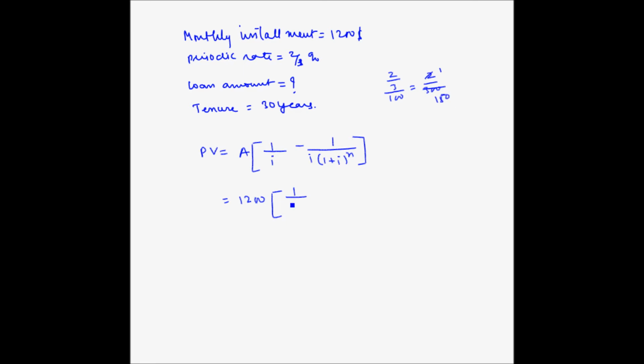So 1 divided by 1/150 minus 1 divided by 1/150 into bracket 1 plus 1/150 to the power n. So this is equal to 1,200 into bracket. This becomes 150 minus. Now let's take this 150 on top. So 150 divided by 1 plus 1 divided by 150 to the power n. N is 360, which is the number of periods.